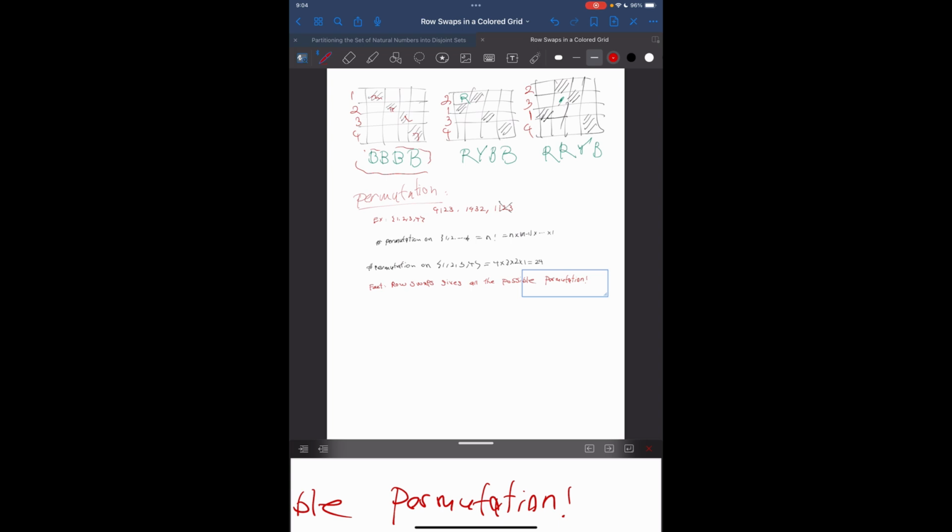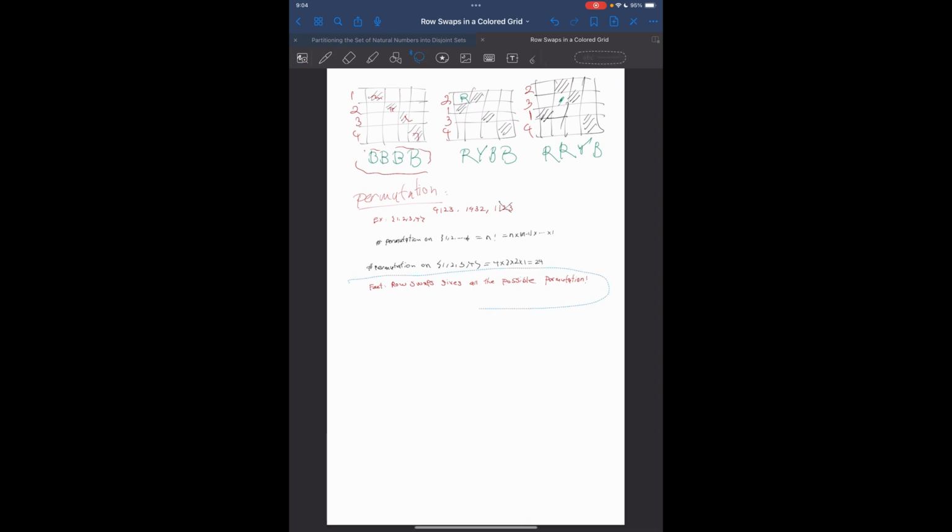So we do have the n factorial permutations using row swaps. And the reason for it, this is a straightforward classic fact in mathematics.